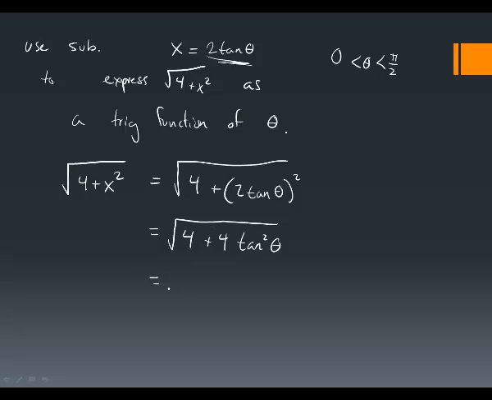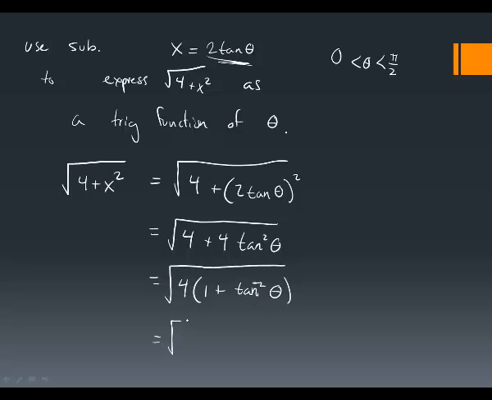And now I'm going to simplify it just a little bit more. I'm going to take out a 4 from each one of these to go to a Pythagorean identity. So we're going to take out a 4. We get 1 plus tangent squared theta. And we can look in our Pythagorean identities and realize that 1 plus tangent squared theta is equal to secant squared theta.